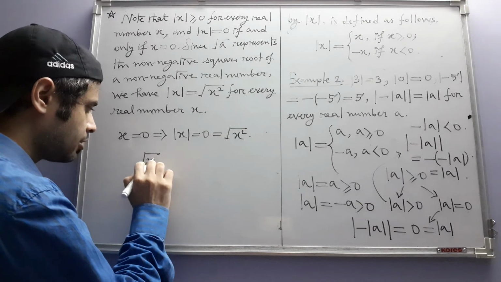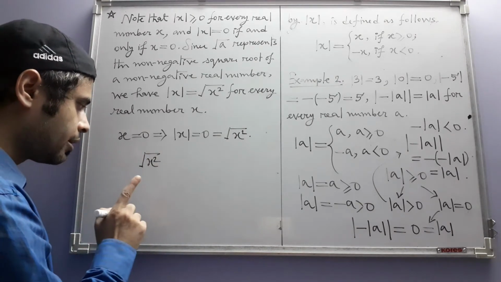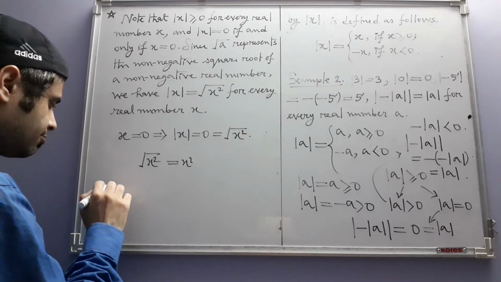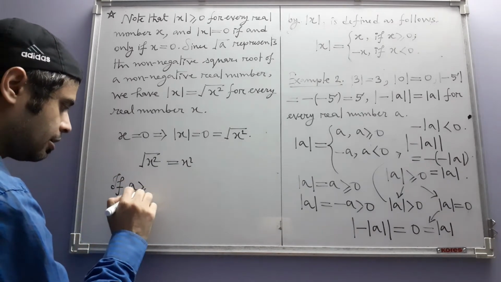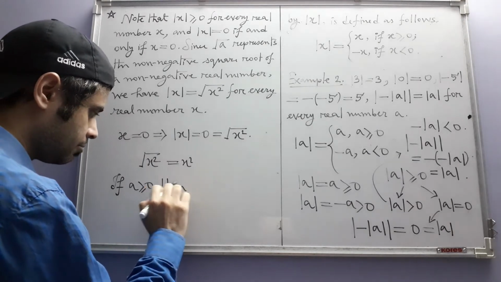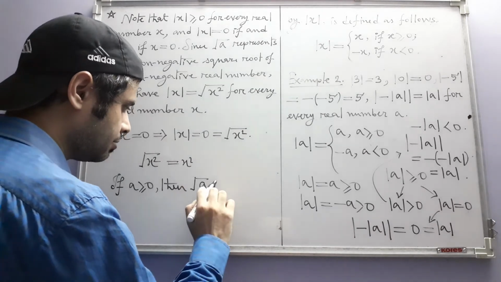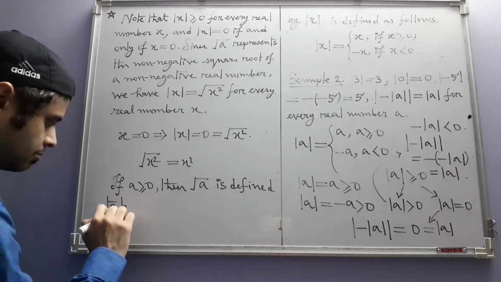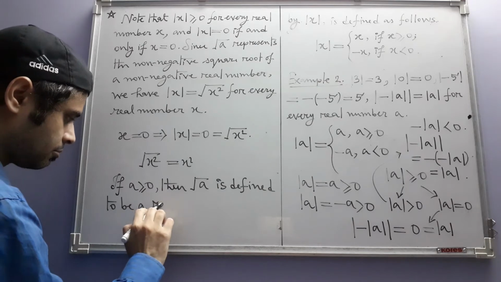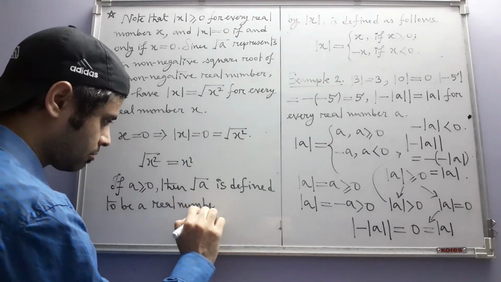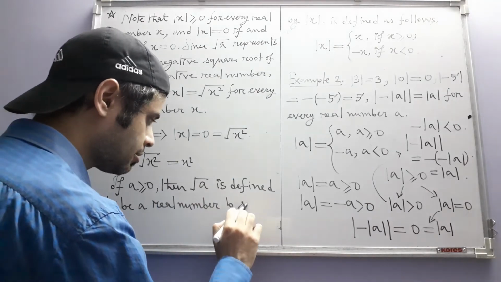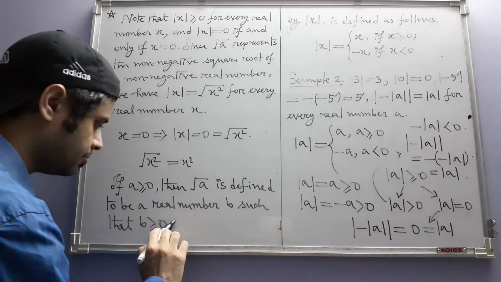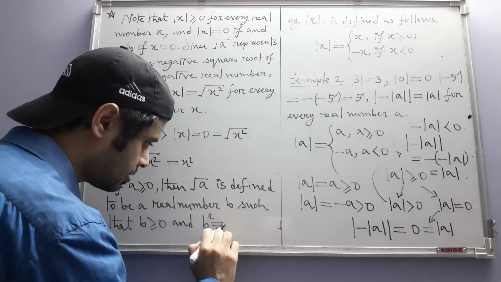If a is a non-negative real number, then square root of a is defined to be a real number b such that b is also non-negative and b square is equal to a.